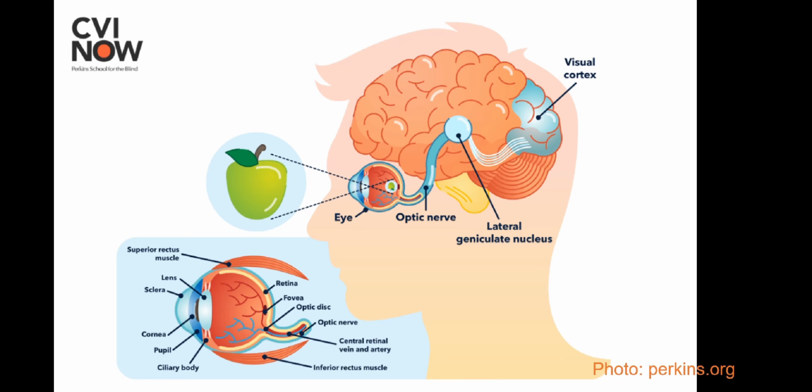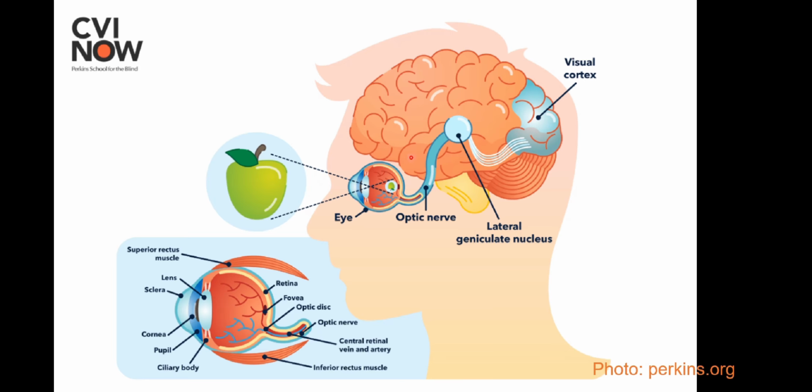So, how do we see? Light energy, structured by an object, is reflected in the eye. An image of the object is formed in the retina by receptor cells that capture light energy and transform it into electrical signals.